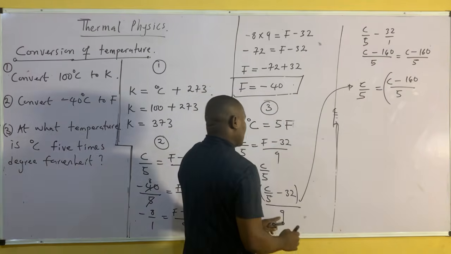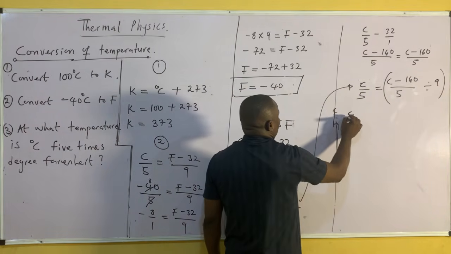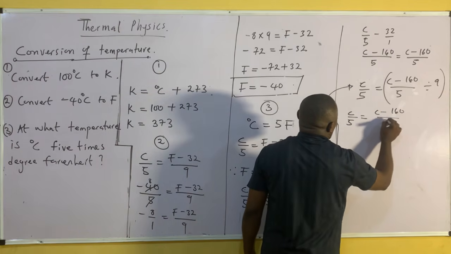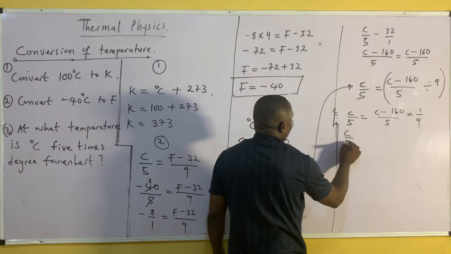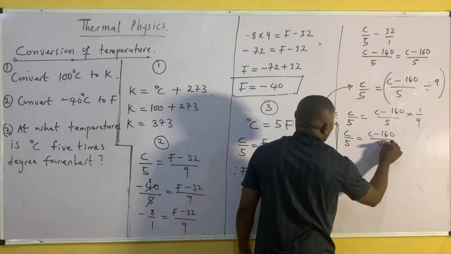Now, what's the next thing? Divide by 9. So this will now be C over 5 is equal to C minus 160 over 5 times 1 over 9. So I have C over 5 is equal to C minus 160 over 45.